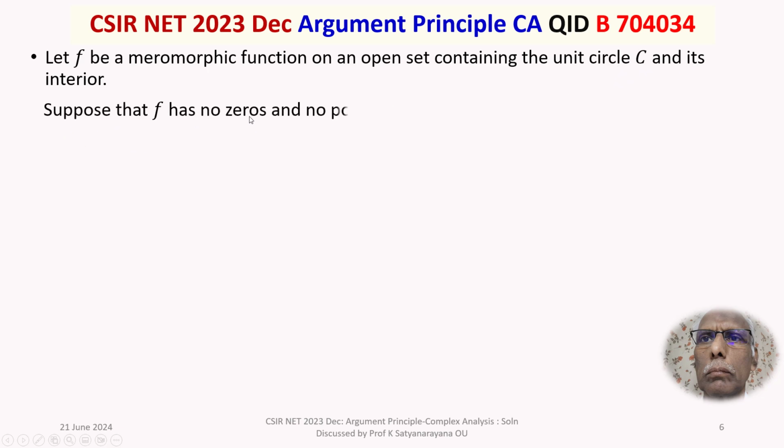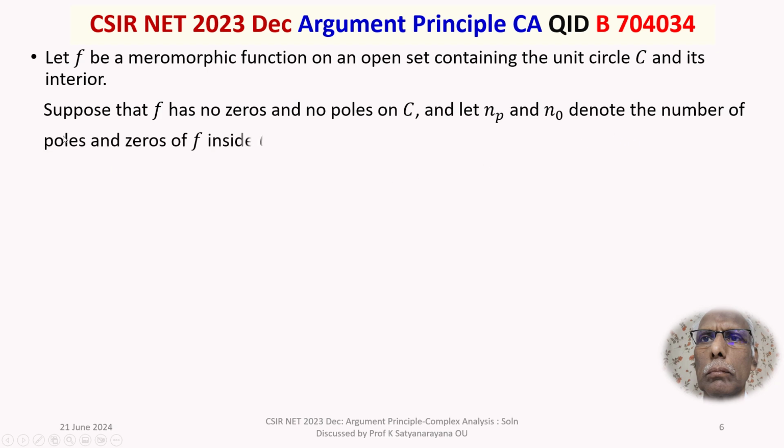Suppose that f has no zeros and no poles on C. So that means on C, f of z is not vanishing and f of z has no poles on C. Let N_P and N_0 denote the number of poles and the number of zeros of f of z inside C respectively. Which of the following is true?